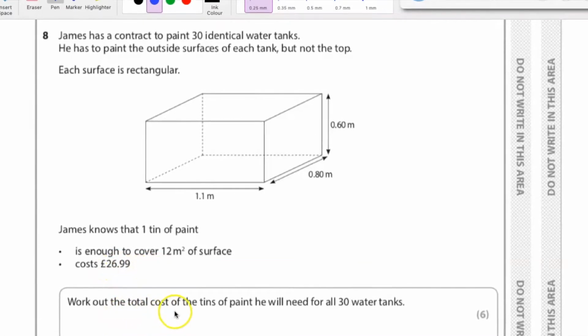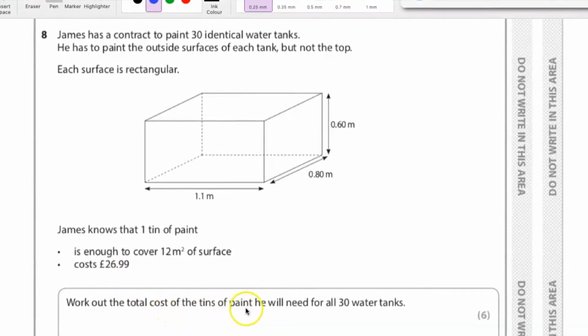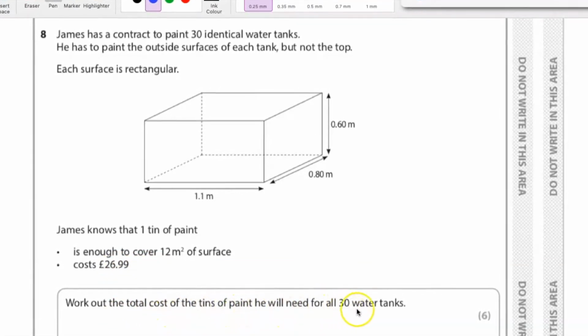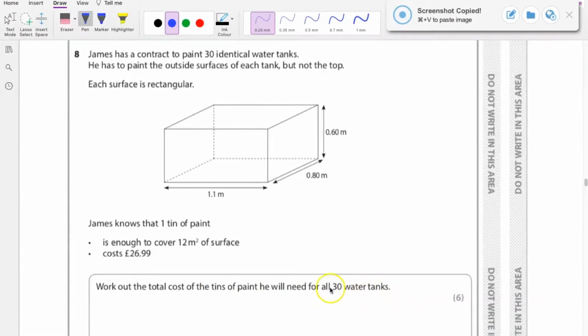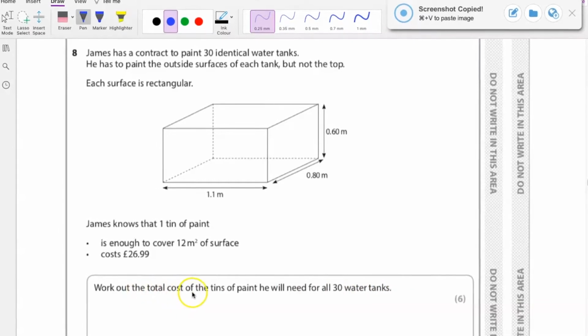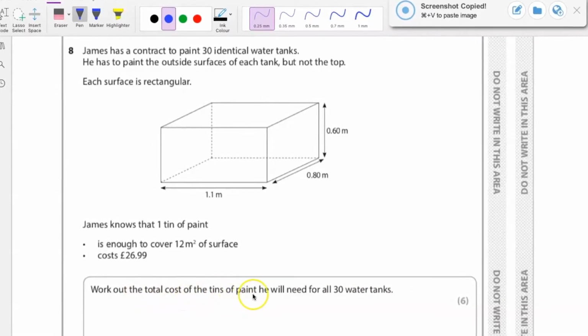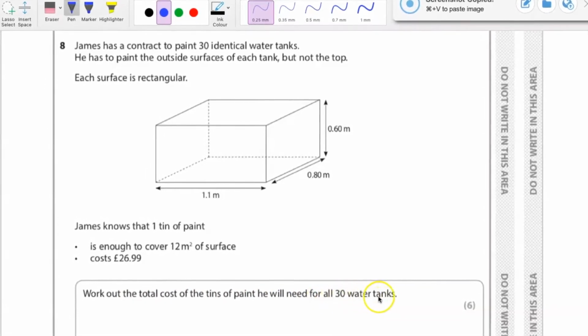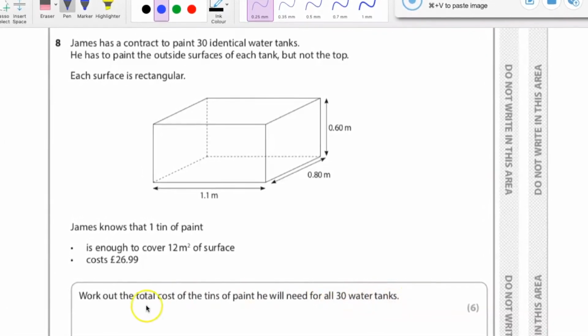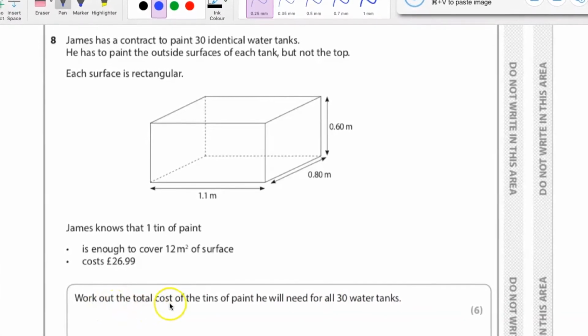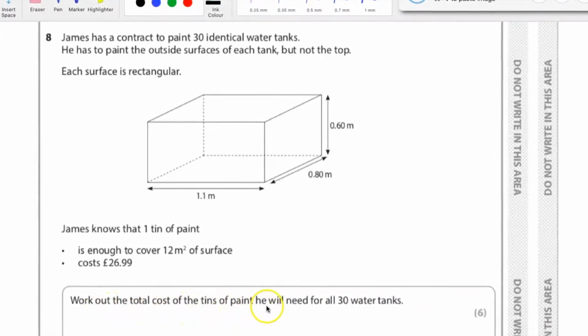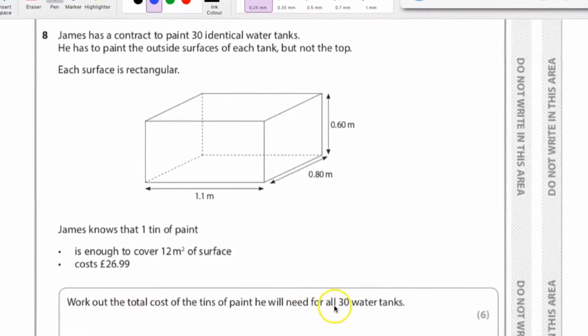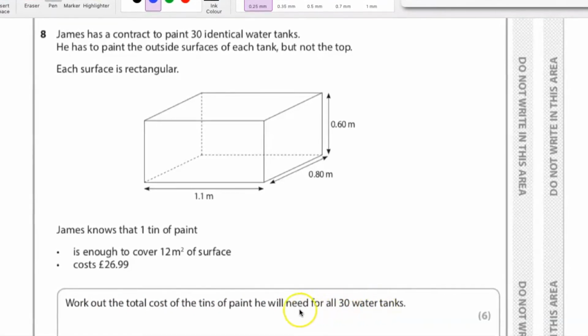Work out the total cost of the tins of paint you will need for all 30 water tanks.